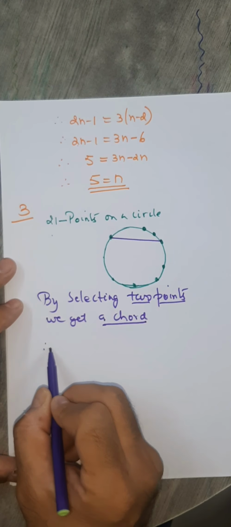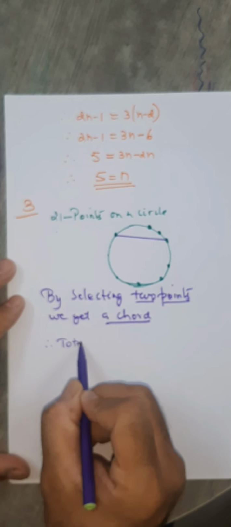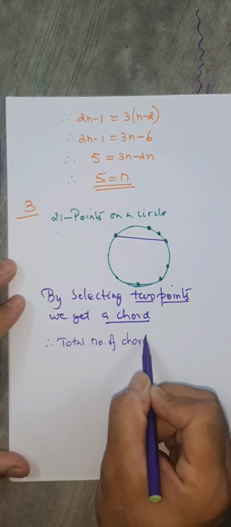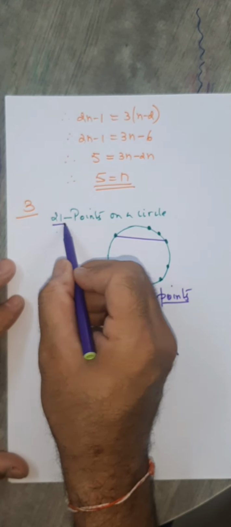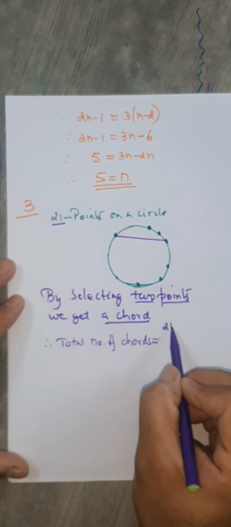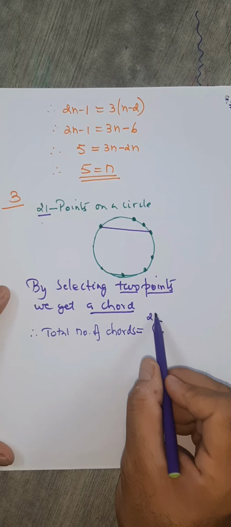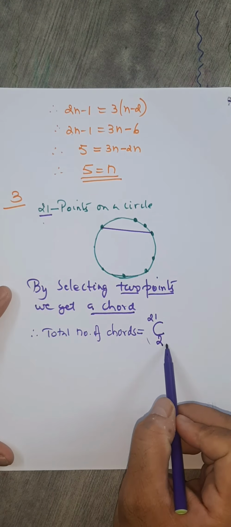So therefore what we'll do, we write the total number of chords equals the selection of any 2 out of 21, and that can be done in how many ways? 21C2 ways. This gives us the total number of selections of 2 points out of 21.